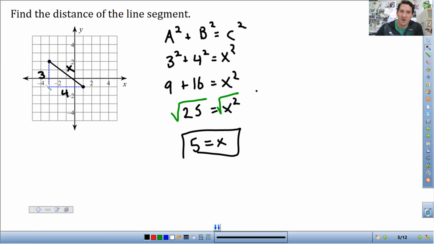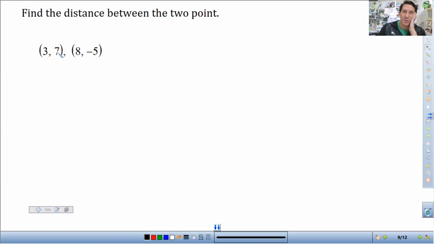The B, how far left and right it goes, that's the distance in the x direction. Again, those are interchangeable, but you're just counting how far it goes straight up, how far it goes straight over. You can figure that out just by looking at the coordinates of the points. So what you want to do is look at the x coordinates. So from 3 to 8, what is the distance from 3 to 8?